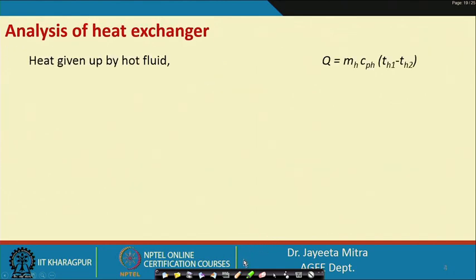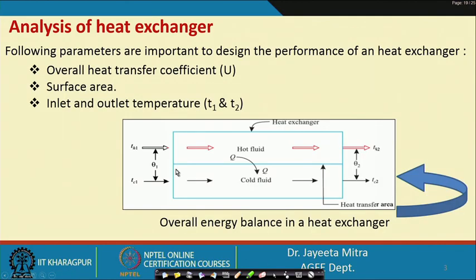Now, considering the figure that we have seen just now, the hot fluid is entering and the cold fluid is also entering, and those two have a similar direction. So, they are in the parallel flow direction.